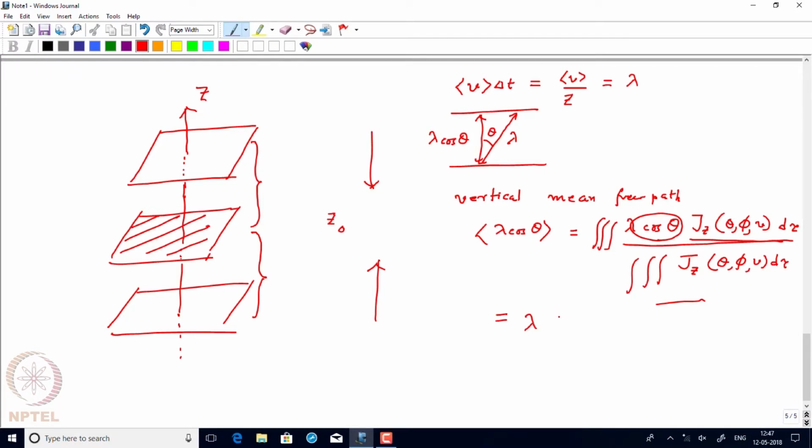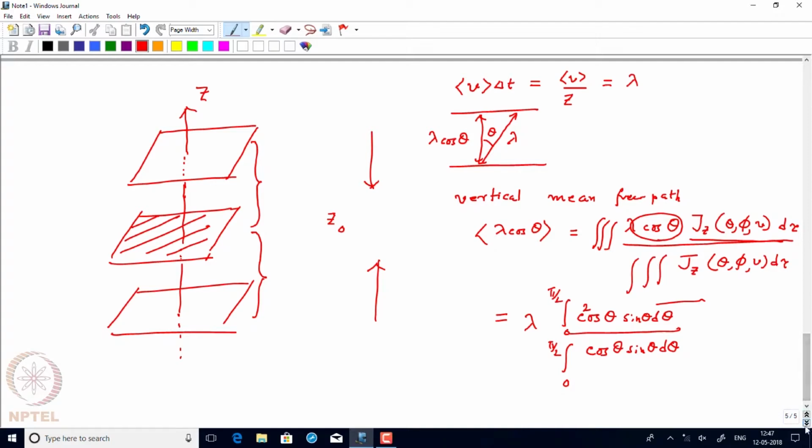And then all we are left with is an integration after we integrate out the v and phi part. So we will have a cos theta, and remember it will be cosine square theta sine theta d theta divided by, for the j part, cos theta sine theta d theta, and this integration is again from 0 to pi by 2 for the reason we just discussed.